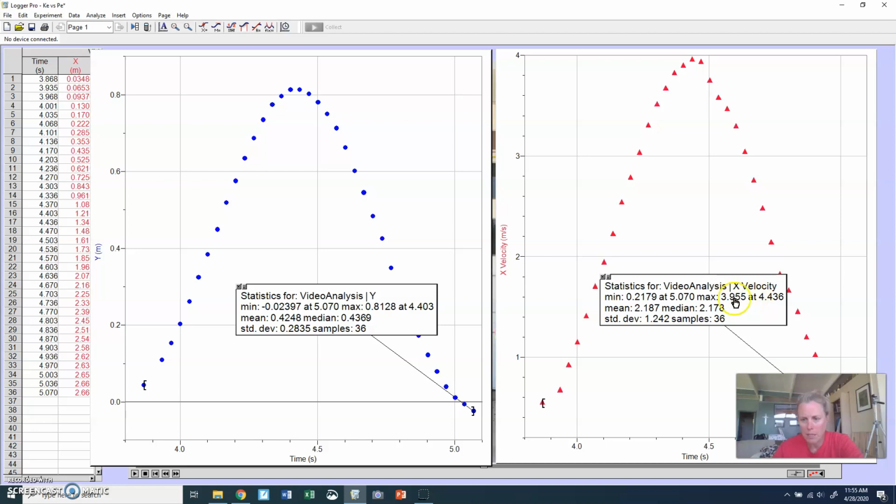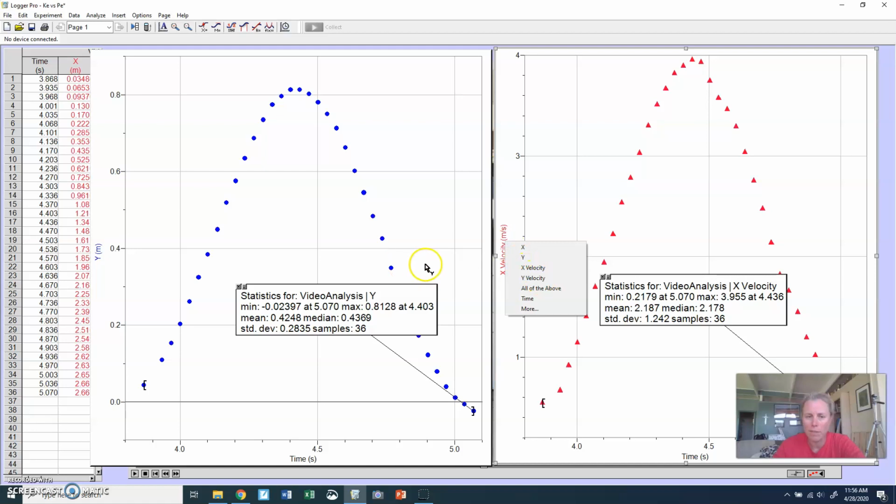Where is that peak? So max is 3.39 meters per second is what I would call it. And then it's at 4.4 seconds. Notice that, 4.4 seconds, 4.4 seconds. So the velocity peak and essentially the lowest point of the pendulum in the y direction and the maximum velocity line up, okay, which I think is kind of cool.